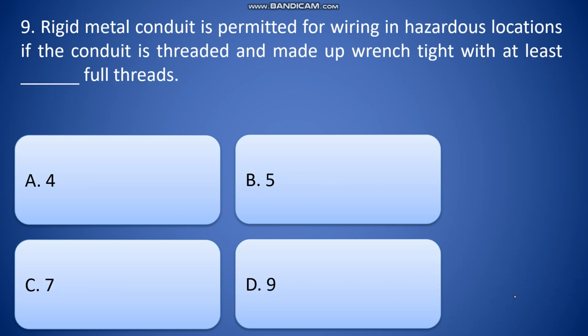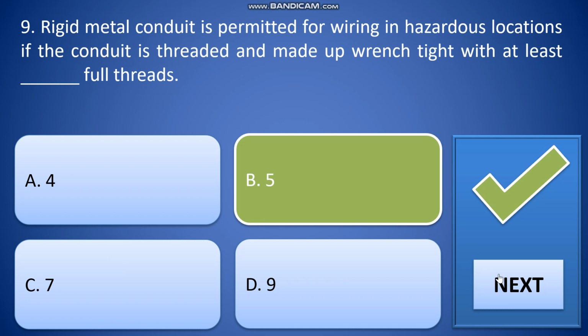A rigid metal conduit is permitted for wiring hazardous locations if the conduit is threaded and made up wrench tight with at least 7 or 5. I guess 5. Yeah. It's 5 full threads.